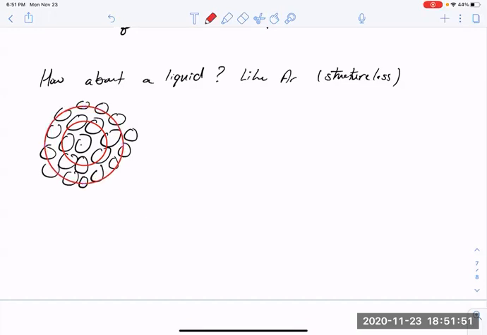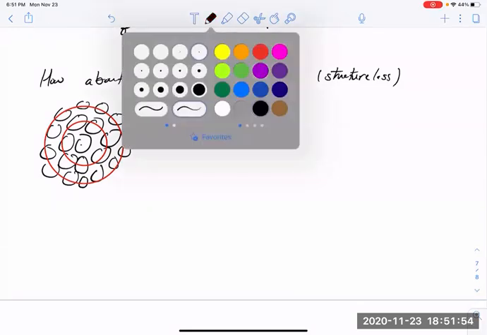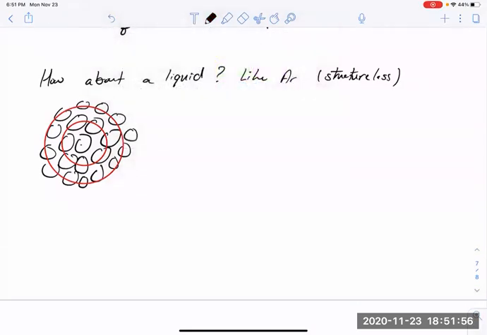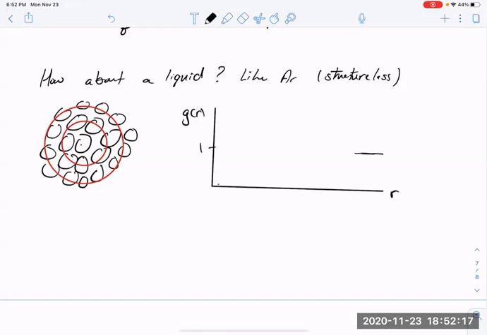I would find intersections, again, where there are distances where there is an enhancement in the likelihood that a particle is there, and distances where it's suppressed. It's not as extreme as it would be in a crystal, however. So a typical G of R, if I go really far away, particles should become uncorrelated. So it should go to 1.